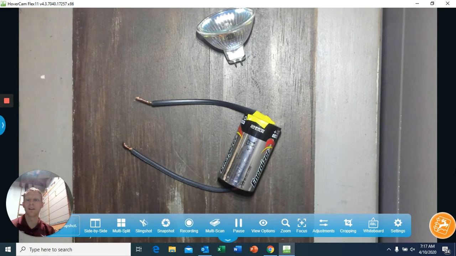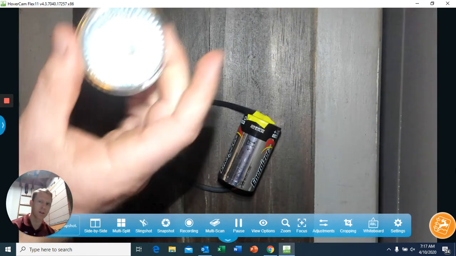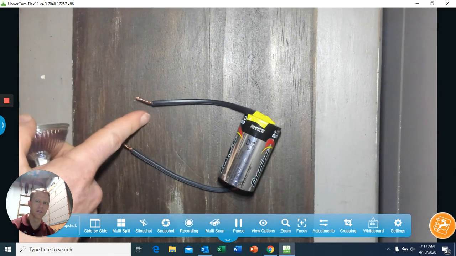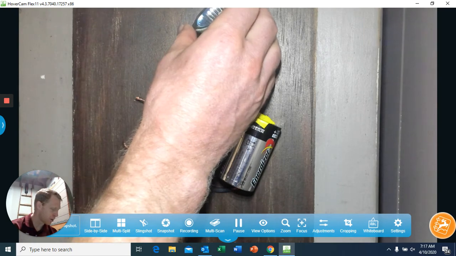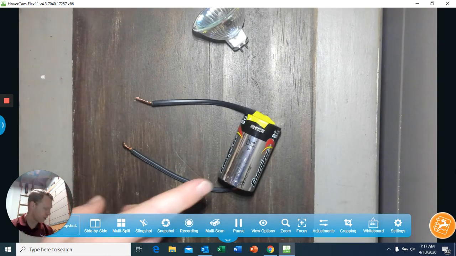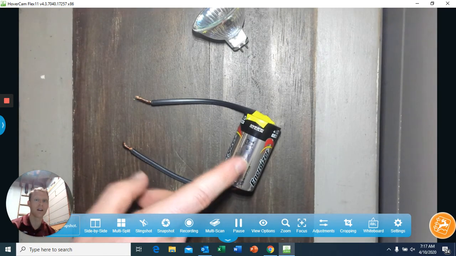Once you have done that, then you are ready to try to attach your light bulb to the rest of your circuit. Now, as I did this experiment earlier, I found that one battery was not enough to light this light bulb.